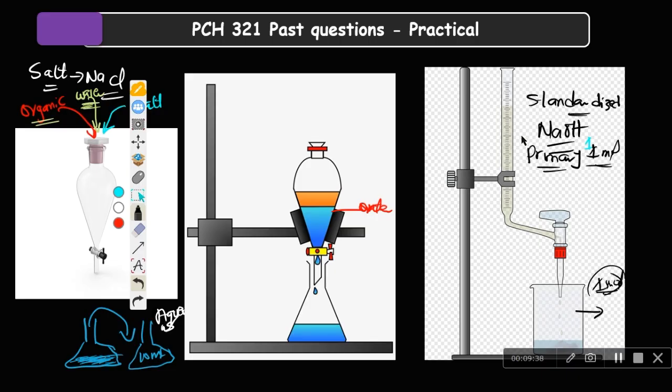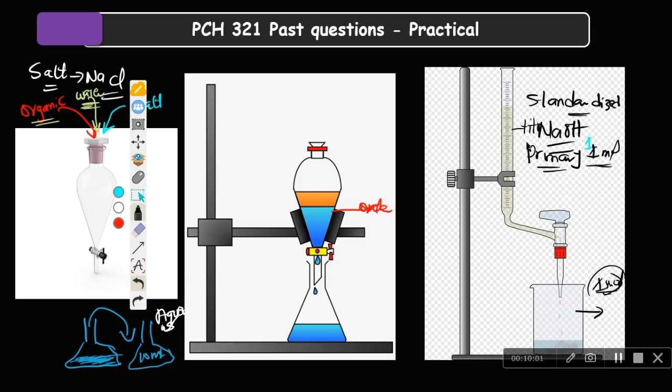And the moles here are represented by the titer value. Are you getting it now? So in most cases, your titer value for the organic phase will be higher than the titer value for the aqueous phase, especially when the compound you are trying to partition is an organic compound.